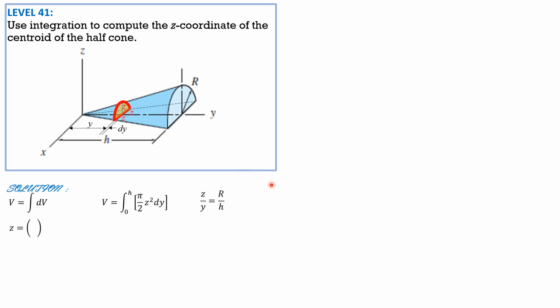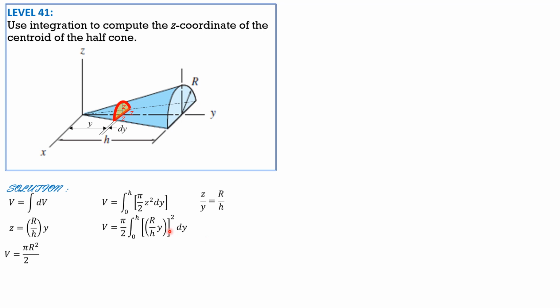That means z is r over h times y. Substitute: volume equals pi over 2, integral from 0 to h of r over h times y, quantity squared, dy. Simplifying, volume is pi r squared over 2h squared.